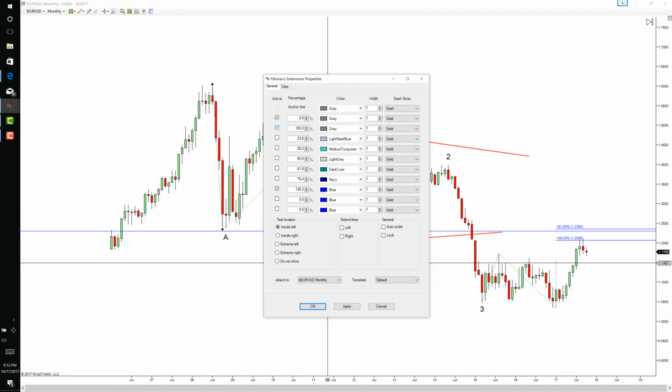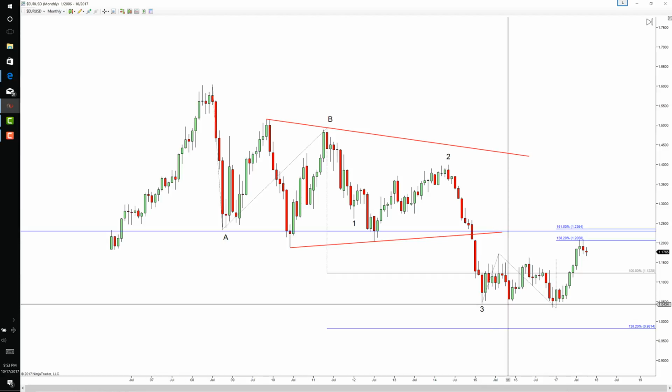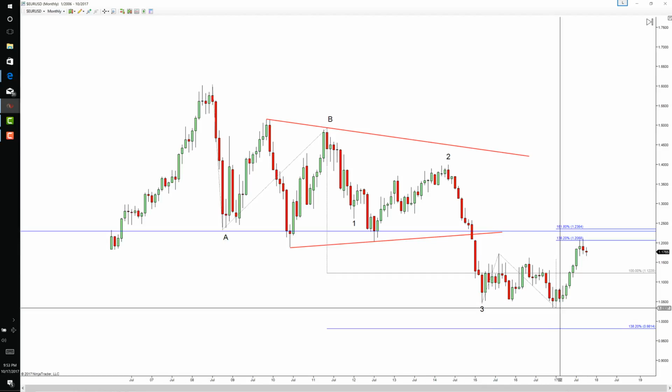But prices do have the potential to go more closer to 98, and that will be lower than the 104 or 103 here. And that will be wave 5 of wave C.